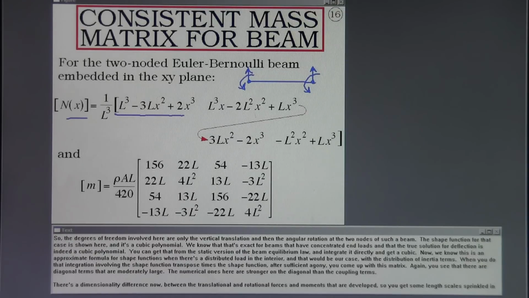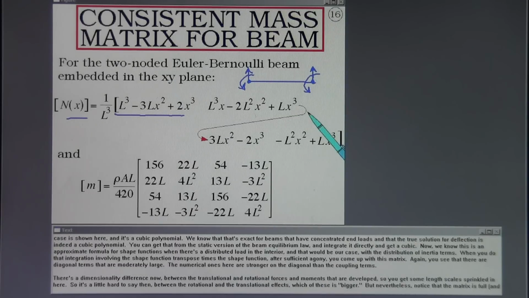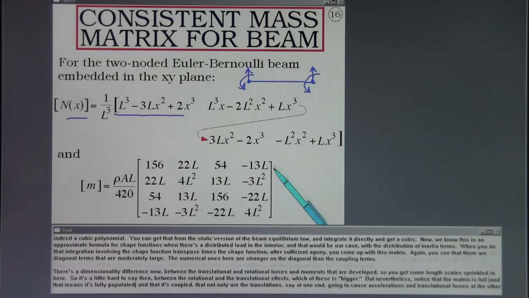Now, we know this is an approximate formula for shape functions when there's a distributed load in the interior, and that would be our case with the distribution of inertia terms. When you do that integration involving the shape function transpose times the shape function, after sufficient agony, you come up with this matrix. Again, you see that there are diagonal terms that are moderately large.